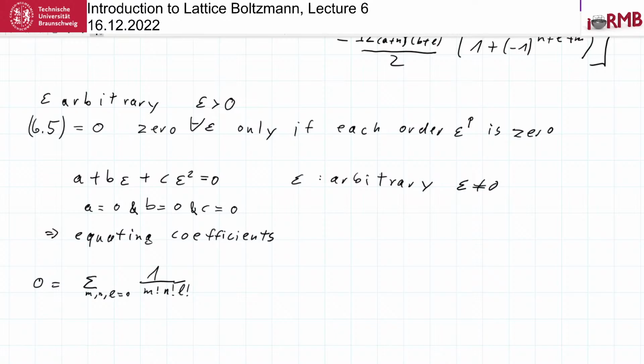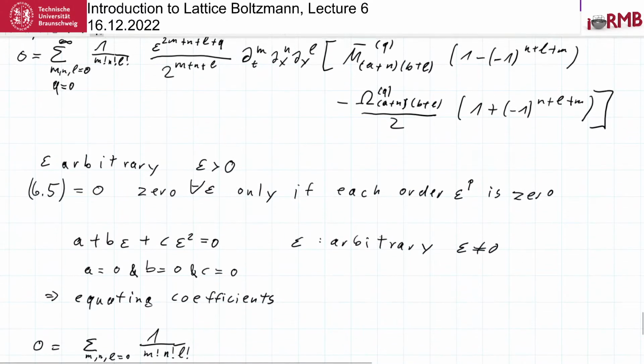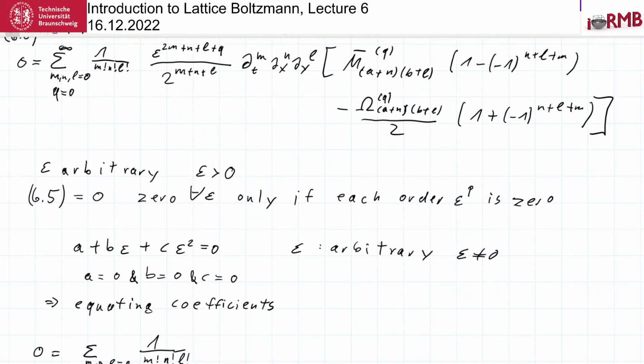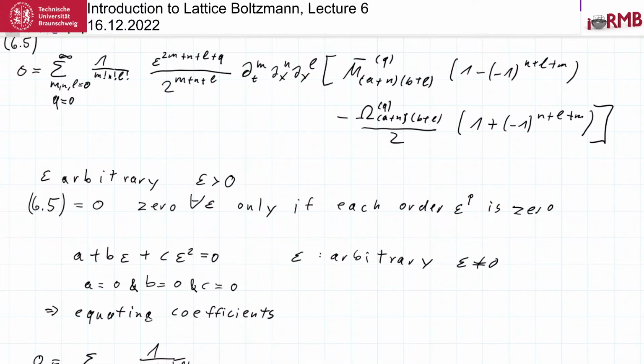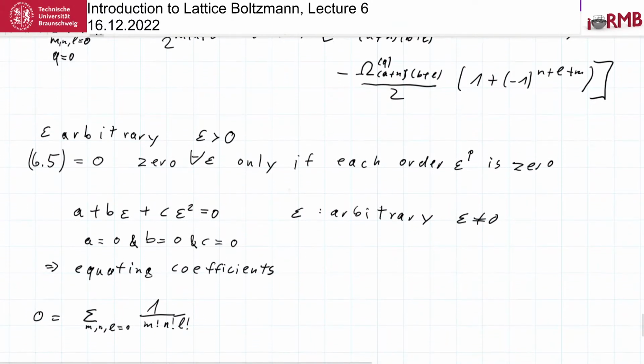So we are looking at the case for any fixed order in epsilon. So this means that 2m plus n plus l plus q is now fixed, right?